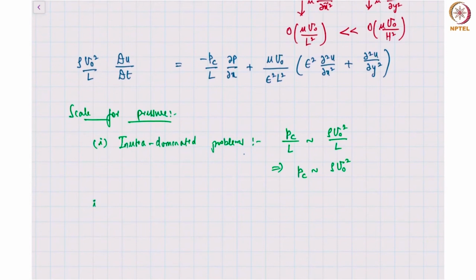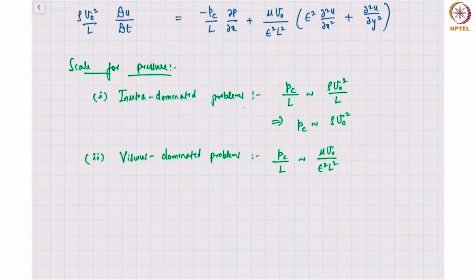If you're in the viscous dominated regime, then the scale for pressure, Pc by L, would scale with the largest viscous term that is present, which is mu u naught by epsilon square L square.